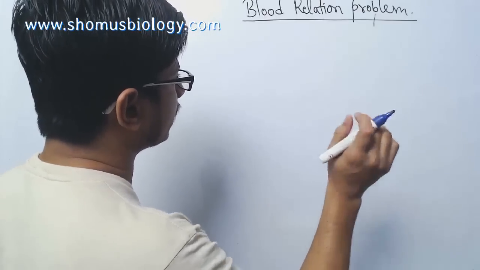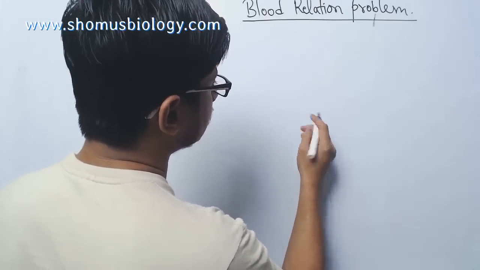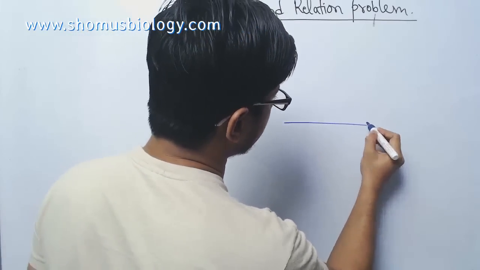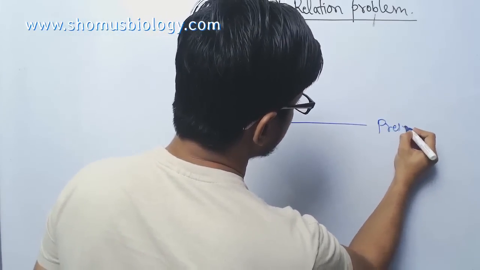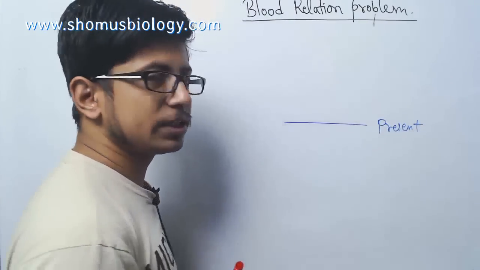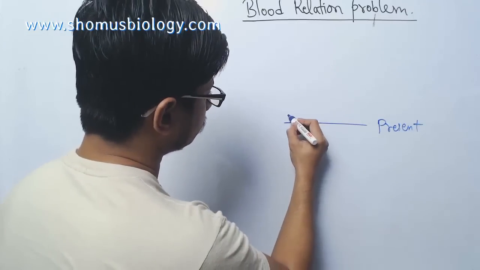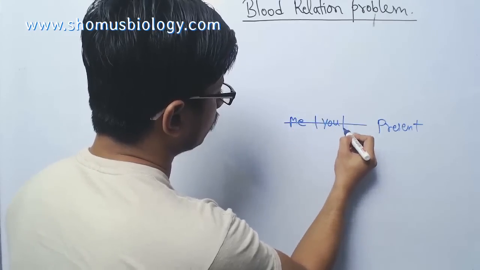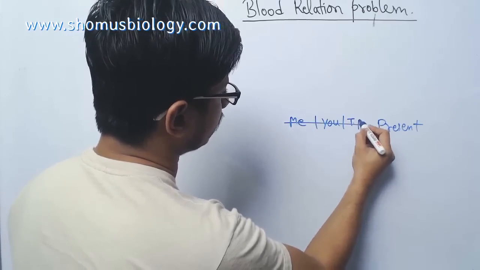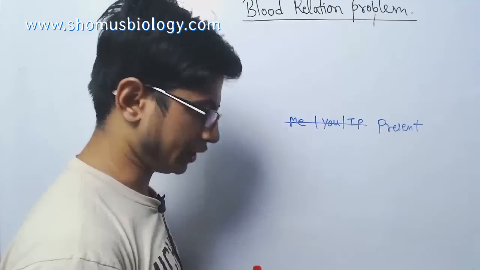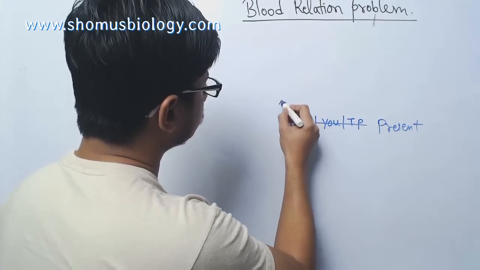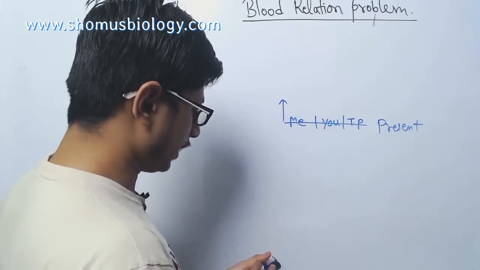In the relationship scale, let's see the different generations. Let's say you are at the present generation. This is the present generation, and in it it's us, let's say it's me, or you, or any other third party in this same present generation. Now if we go one generation up, what will we get here?